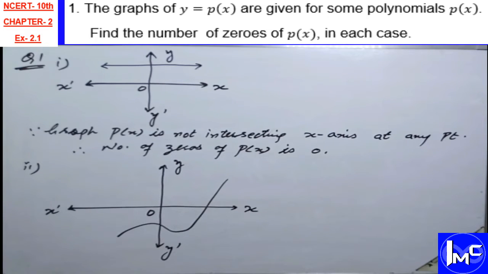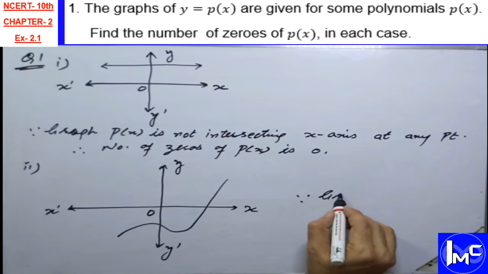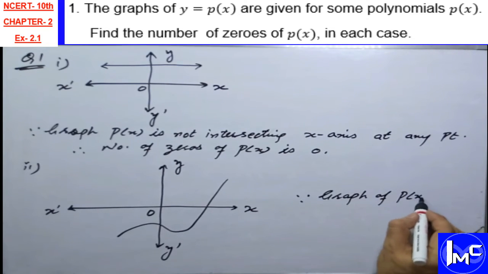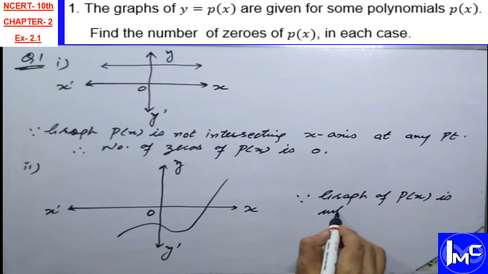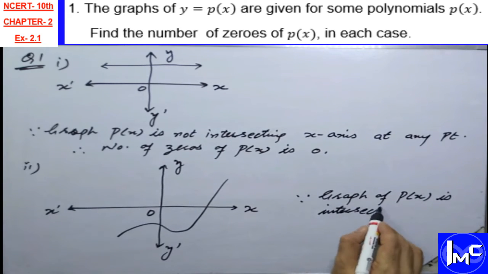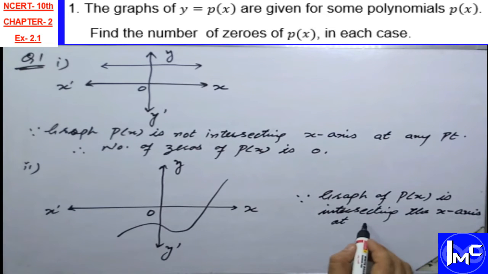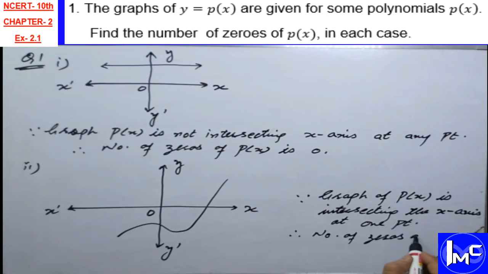Here, because the graph of p(x) is intersecting the x-axis at one point, the number of zeros of p(x) is 1.